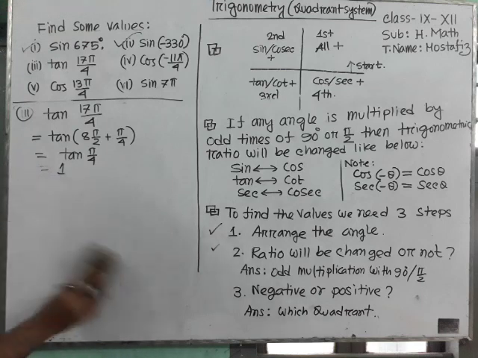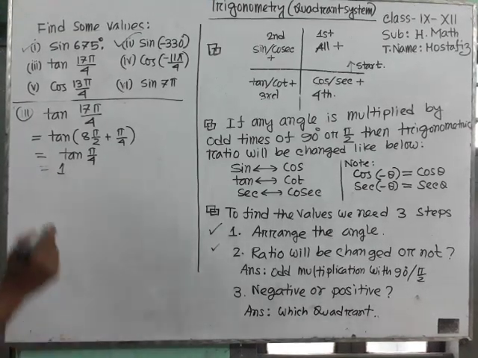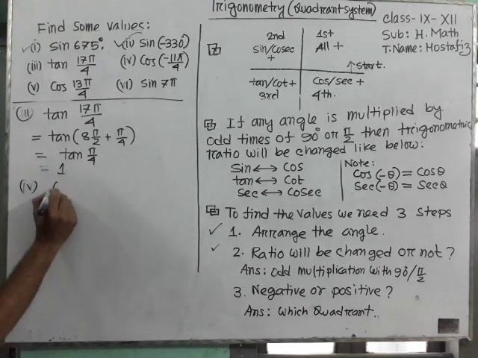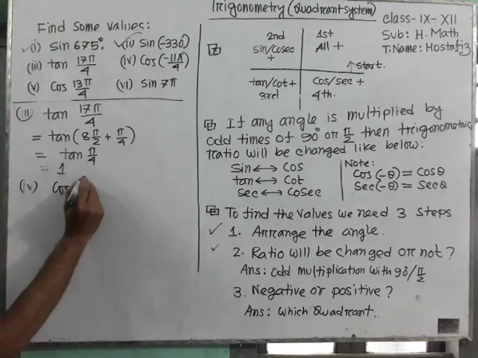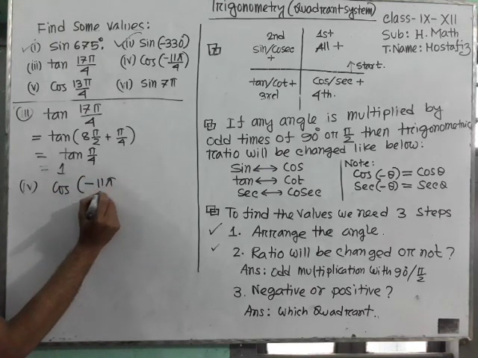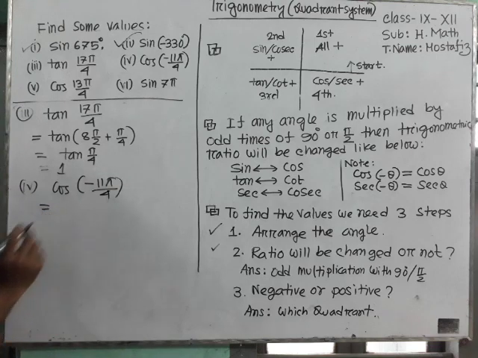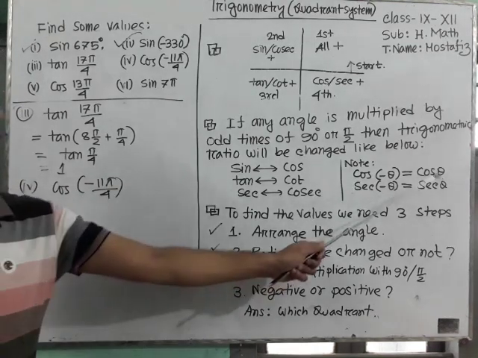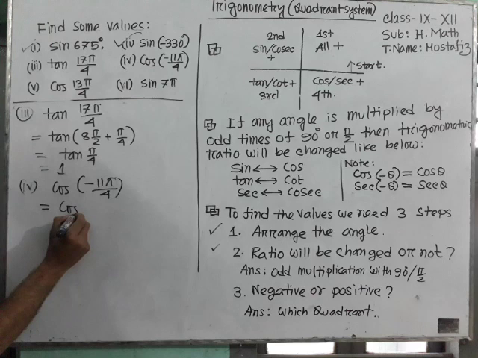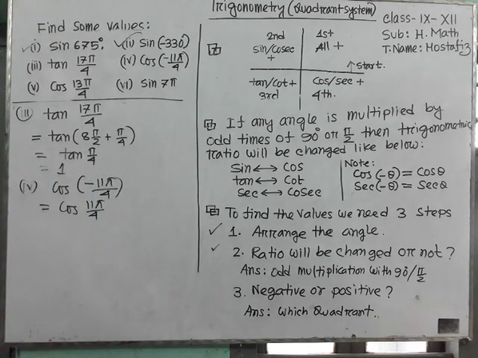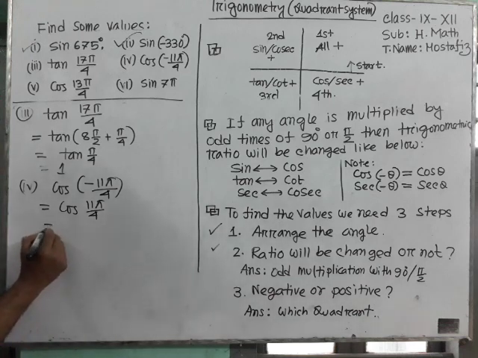Now come to cos minus 11 pi by 4. But I have told you that cos minus theta is cos theta, so it will be cos 11 pi by 4. Automatically this minus will be removed. So cos 11 pi by 4.